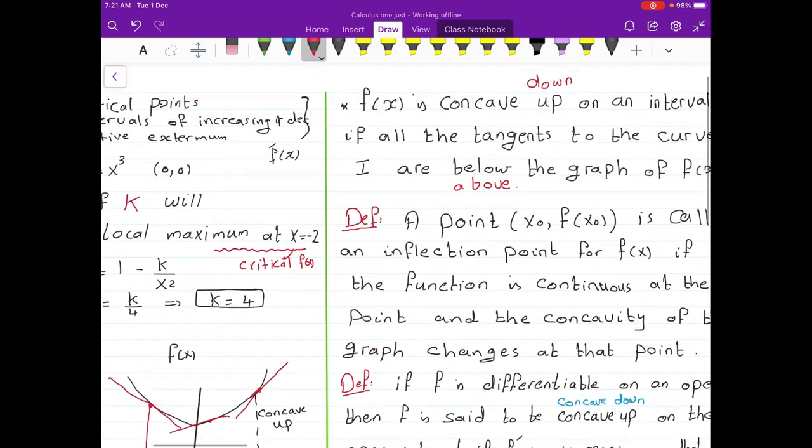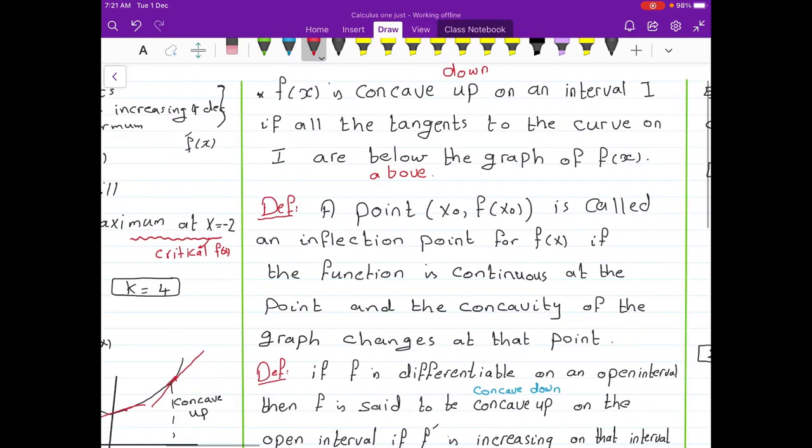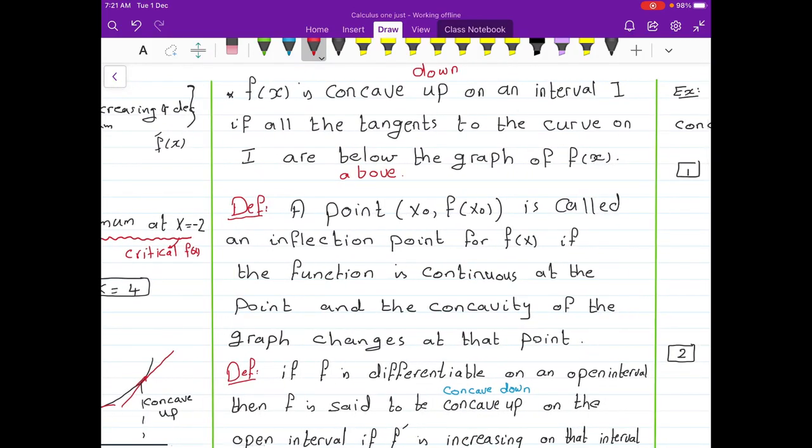Now, what do we mean by an inflection point? A point x0 is called an inflection point for f(x) if the function is continuous at this point. This is the first condition, that this point is in the domain of the function, and the concavity of the graph changes at that point.